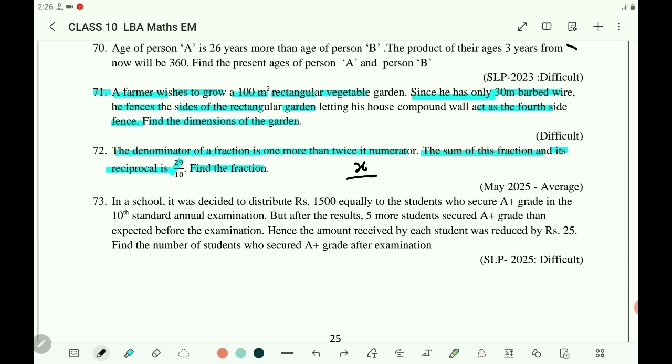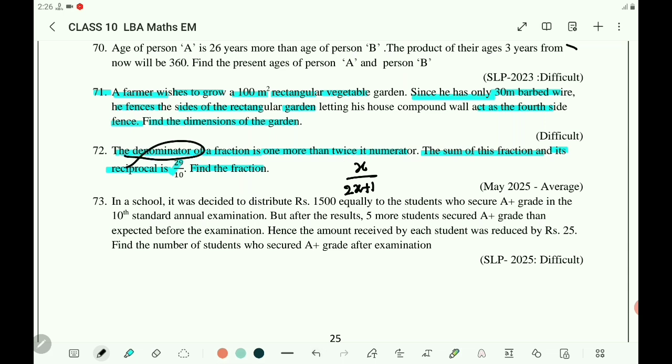It is given that the denominator is 1 more than twice its numerator. 1 more means plus 1, twice the numerator means 2x. So 2x plus 1 is the denominator if x is the numerator.